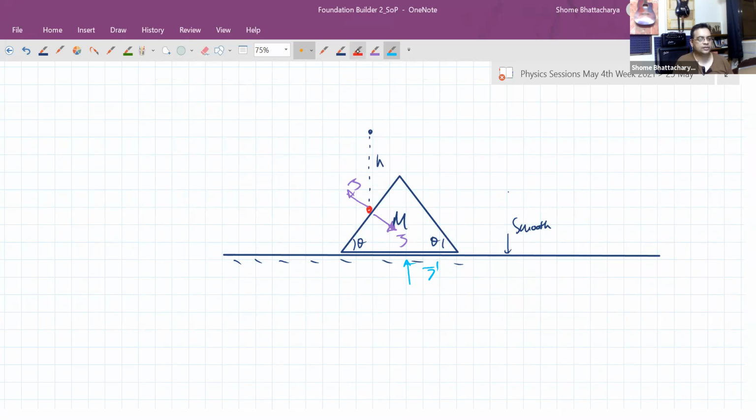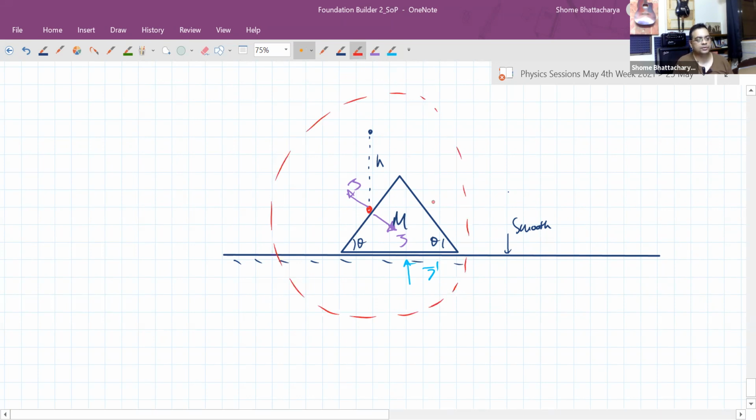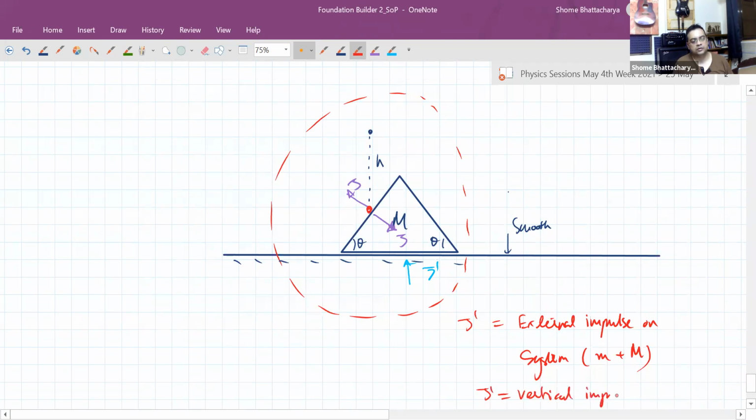So on the overall system of the particle plus the wedge, we cannot conserve momentum because J prime is an external impulse on the system. But at the same time, J prime is vertical. So the horizontal component of momentum, the x component of momentum, is still conserved.